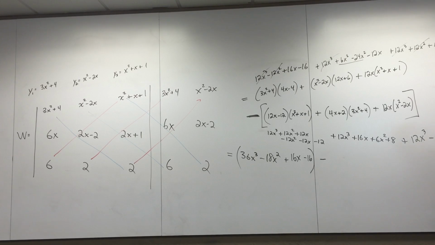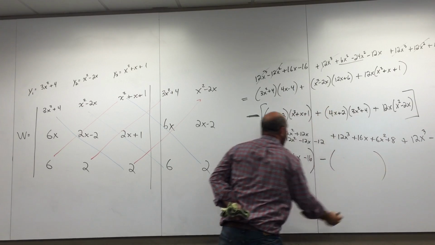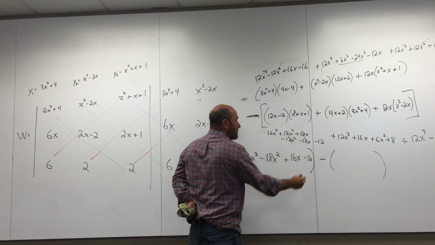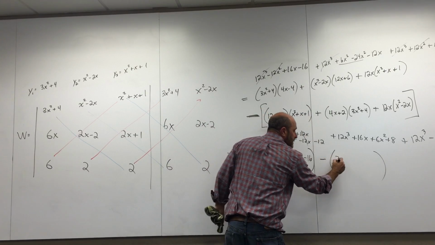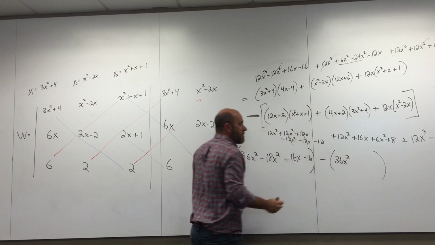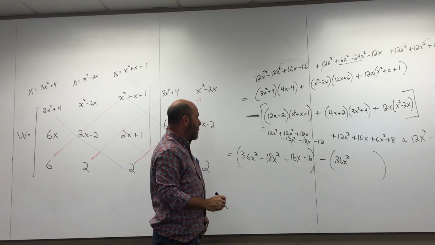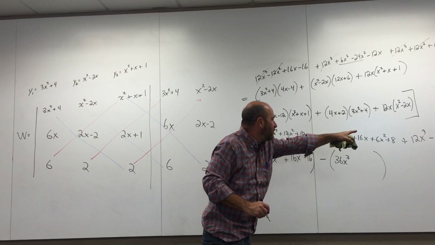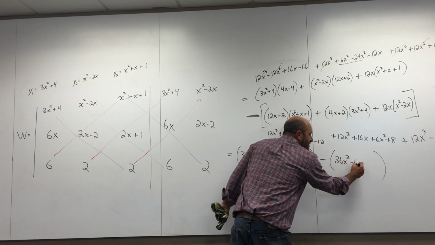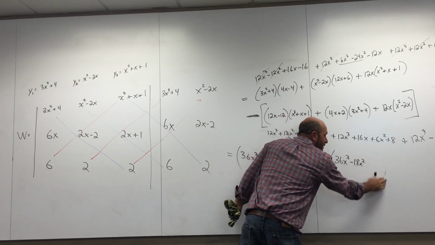Woohoo! What do I have now? These guys are gone. I have a 12x cubed, another 12x cubed, I got a 36x cubed. What else do I have? A 6x squared and a negative 24x squared. I got a negative 18x squared. I'm freaking out.